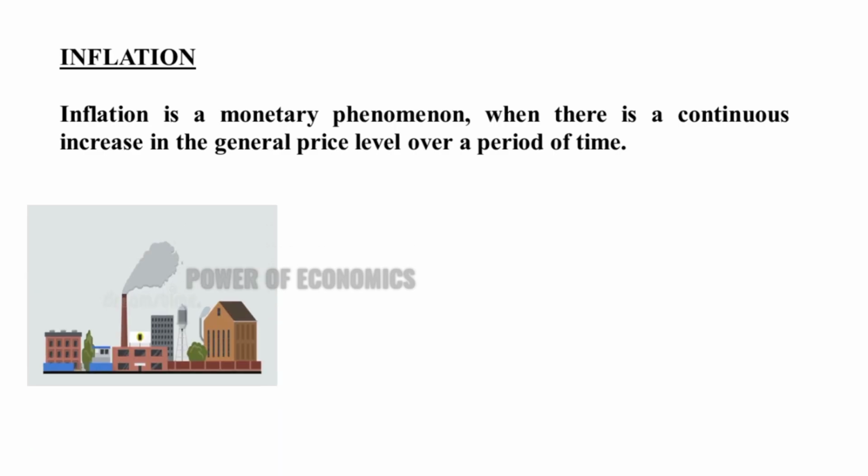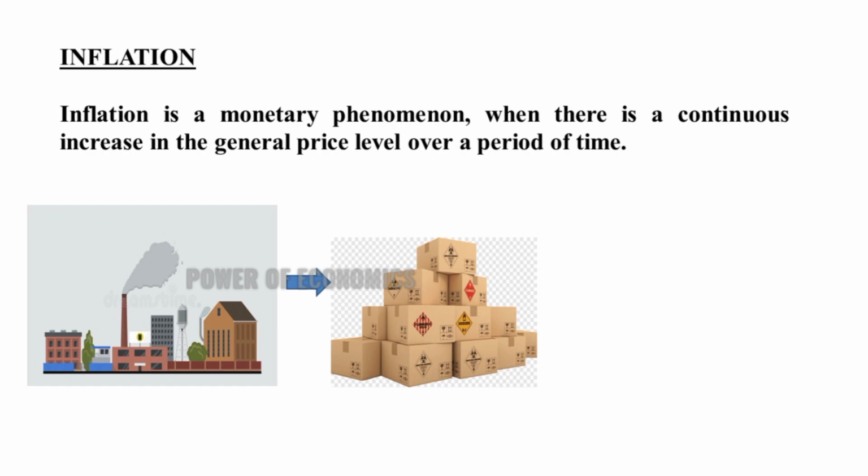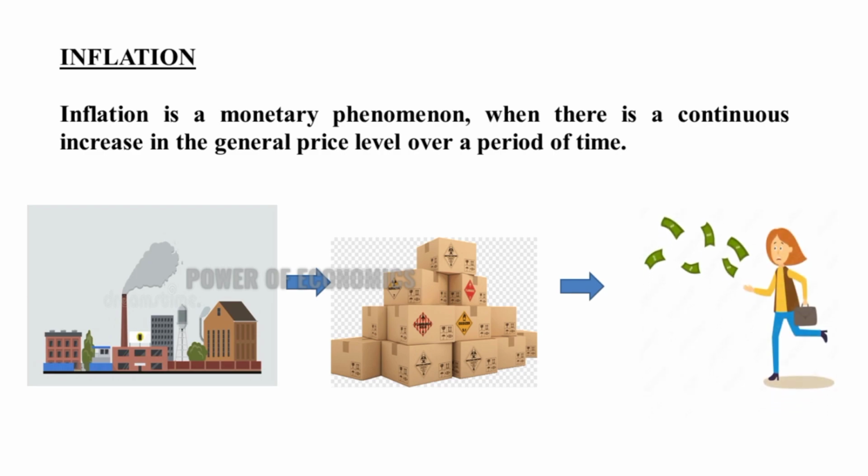For example, when a producer restarts his business after a decline in the business cycle, he needs to invest in the factors of production to increase the output, wages, and capital. The producer increases the price of goods and services in the market. So therefore, consumers pay a higher price for the goods and services in the market than before.